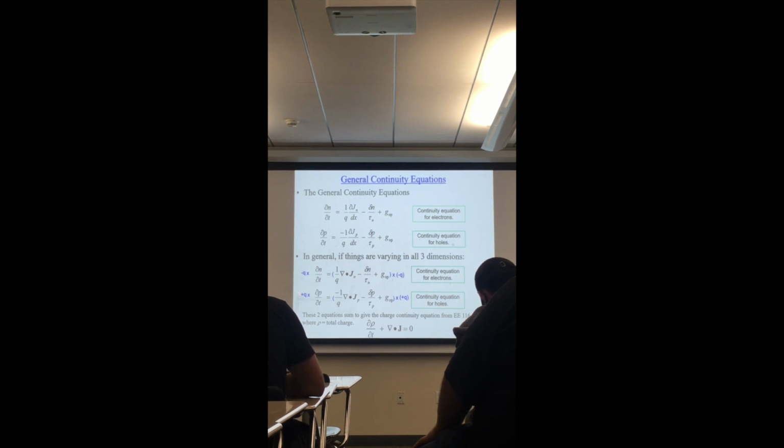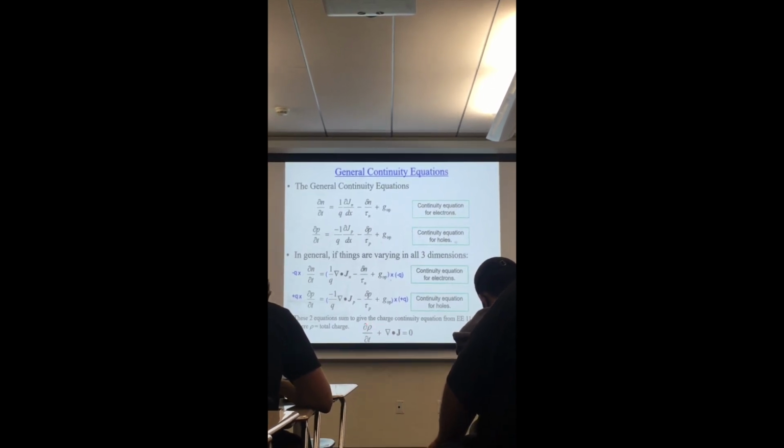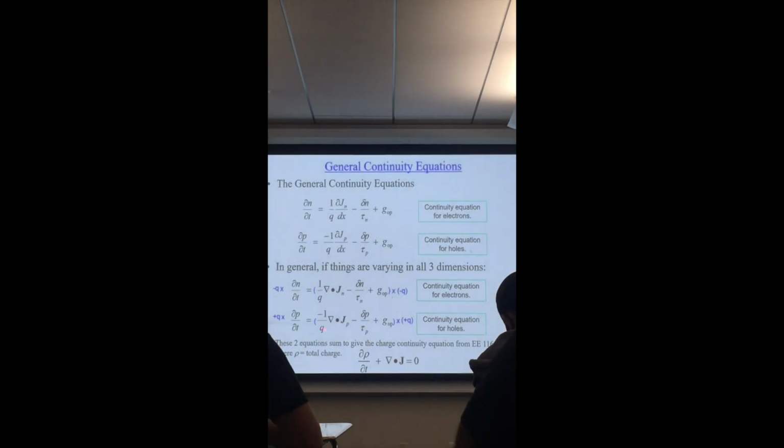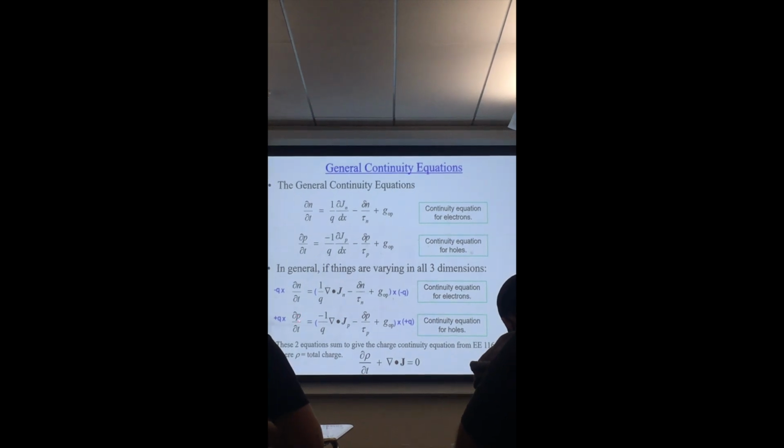So the left 2 terms, if we add them together, basically this will be partial rho over partial t. Rho is the total charge density, right? Basically, this rho equals minus q times n plus q times p.